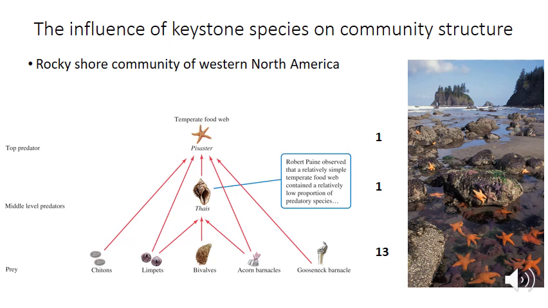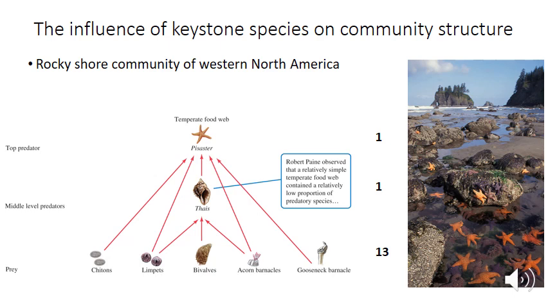So Paine put this idea to the test by studying rocky shore or intertidal zone communities in the northern US. He identified a community where he wanted to work, where he found one apex predator, which was a sea star, a middle level predator, which was a snail species, and then 13 prey species that he observed in these communities.